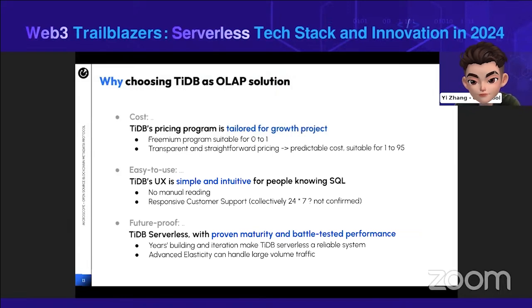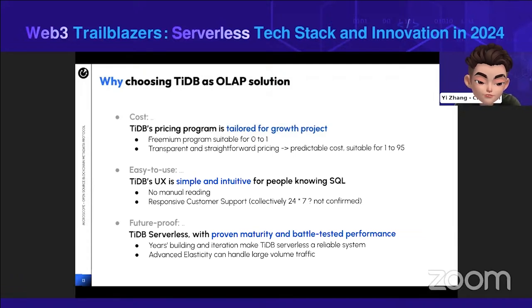Virtually, I feel they provide 24/7 support, because they have multiple teams, some in Asia, some in North America. And it's also kind of future proof.